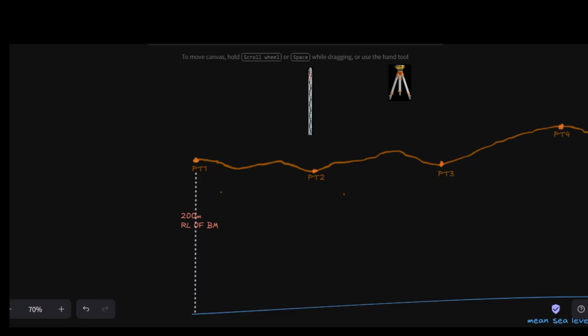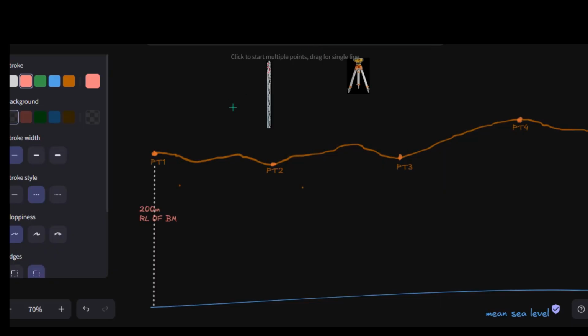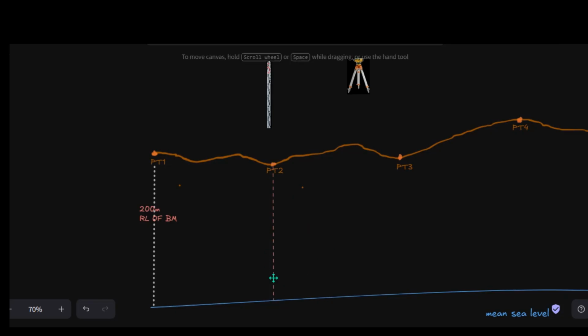Now going further, what do I want to know here? I want to know the reduced level of this point here, of point 2. That means I want to know the height of point 2 to the sea level. That's the reduced level here.